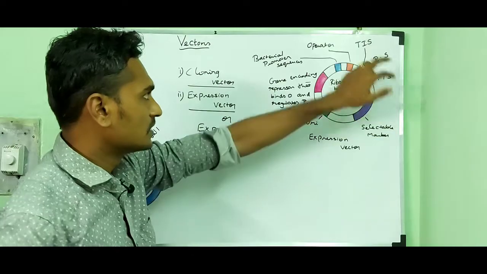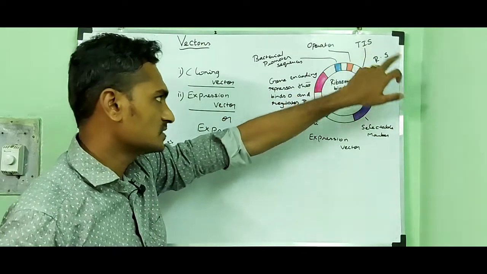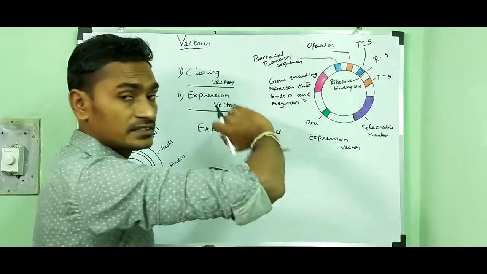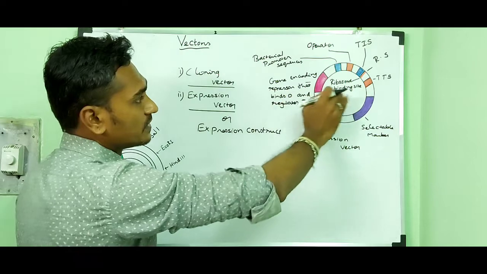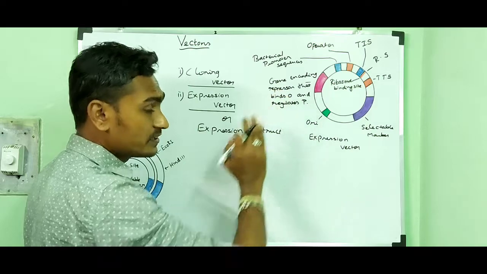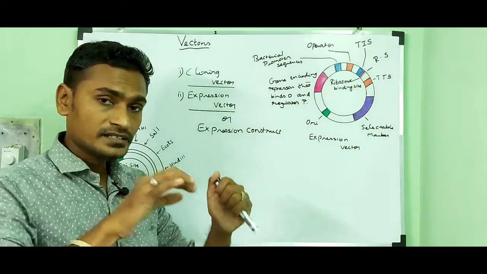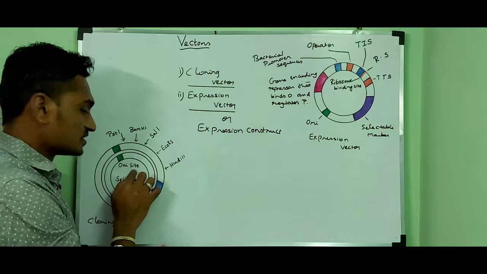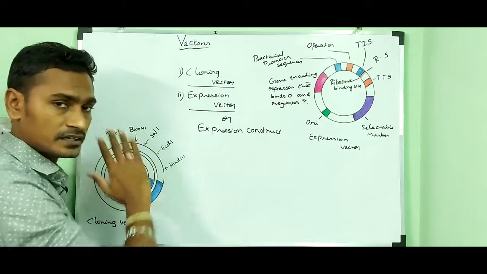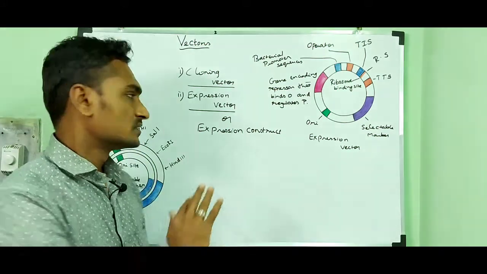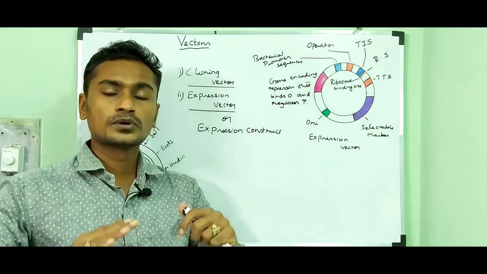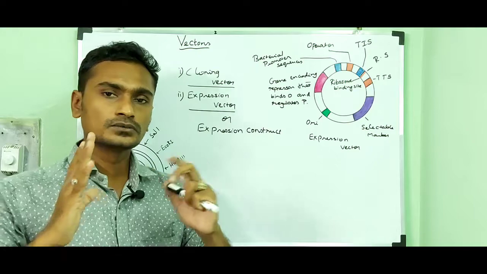It also contains ribosome binding site, then gene encoding repressor that binds operator and regulates promoter. So that's all about the difference between cloning vector and expression vector. Now I am going to tell about the properties of a good vector.